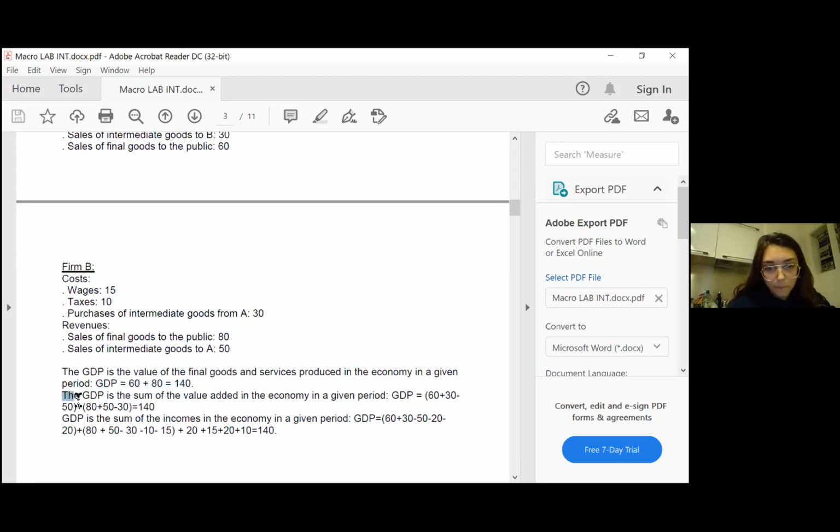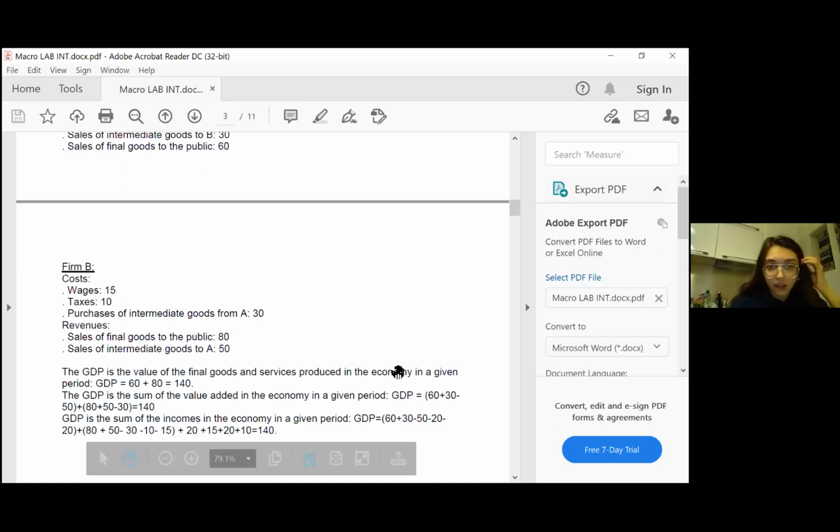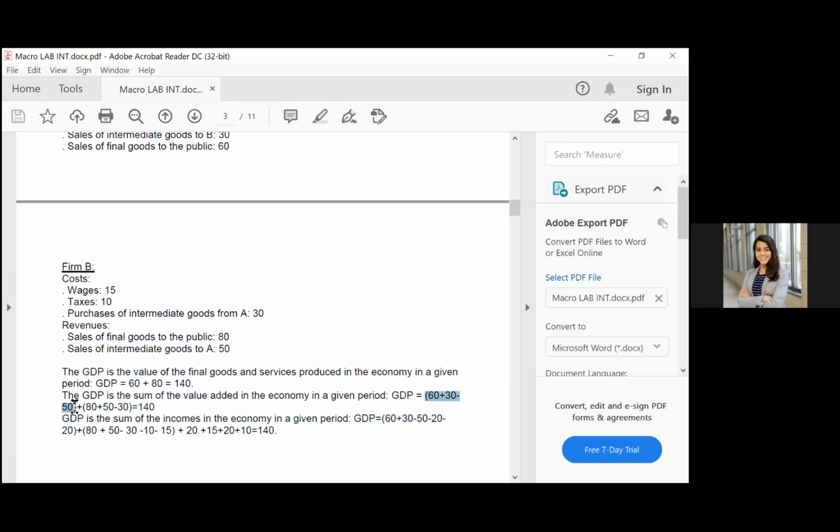Definition 2, the GDP is the sum of the value added in the economy in a given period. So here again, the value added by firm A, what is it? It's 60 plus 30 minus 50.